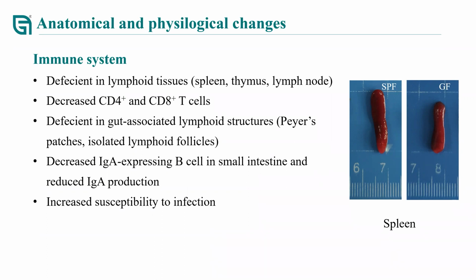In addition, the gut-associated lymphoid structures are also influenced by the absence of microbiota, making germ-free mice have a deficient gut. Furthermore, the number of IgA-expressing B cells is decreased, resulting in reduced production of IgA. Due to these immune deficiencies, GF mice are more susceptible to infections than SPF mice.